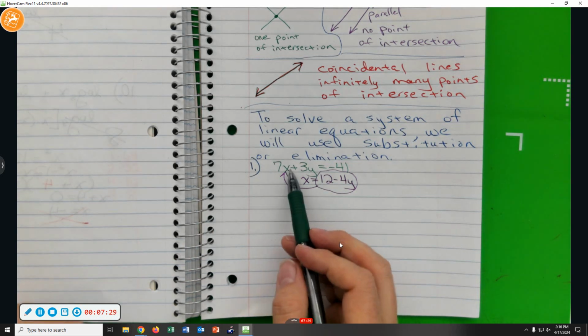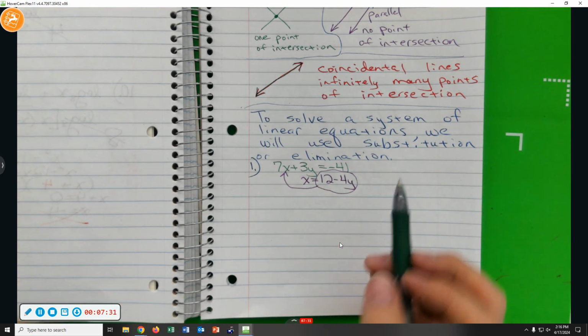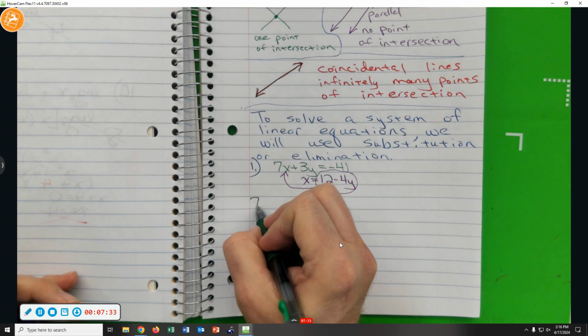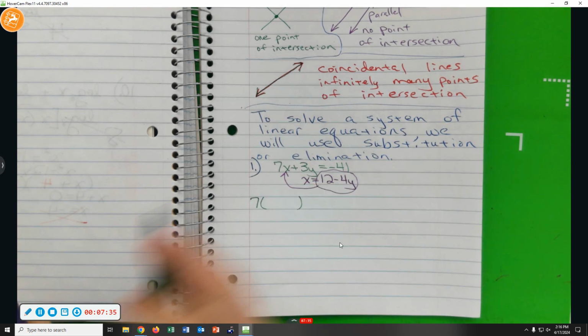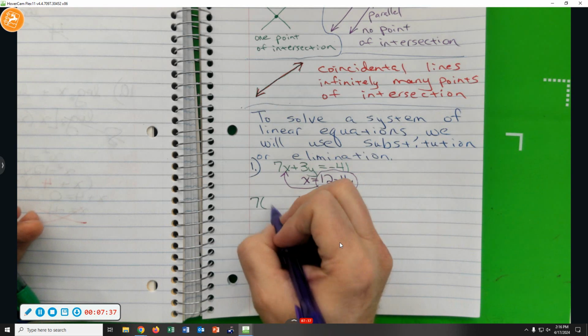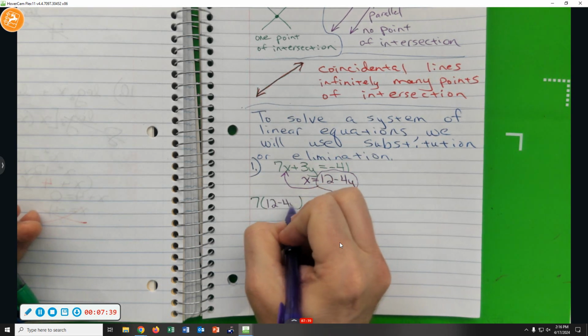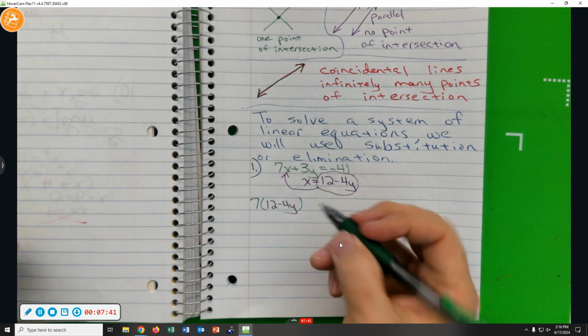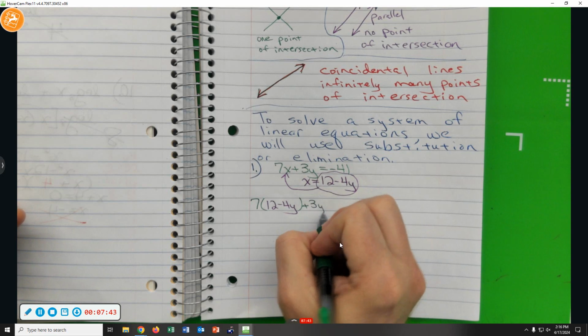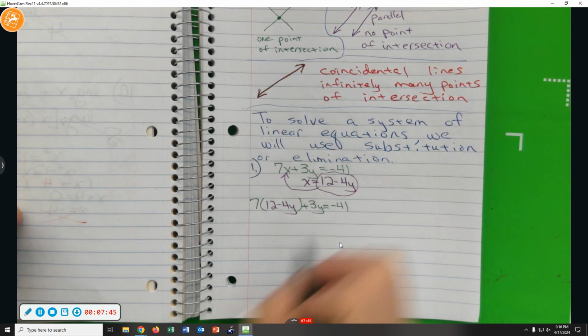So instead of 7x, just like the name says, substitution, we're going to go 7, replace the x with 12 minus 4y.